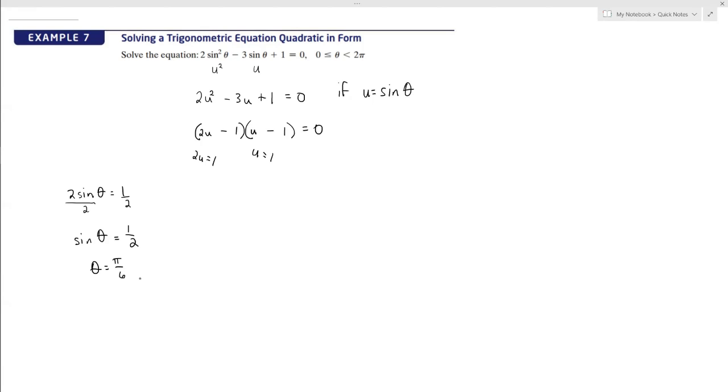All right, so let's put this aside for a sec. And we've got another one. We'll substitute sine theta for u over here. And this is when do we get a sine of theta that's 1, and that's when theta is equal to pi over 2.